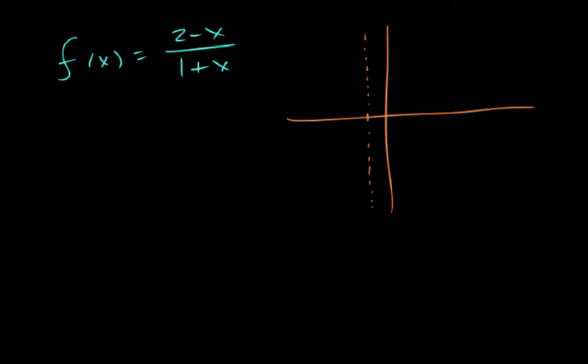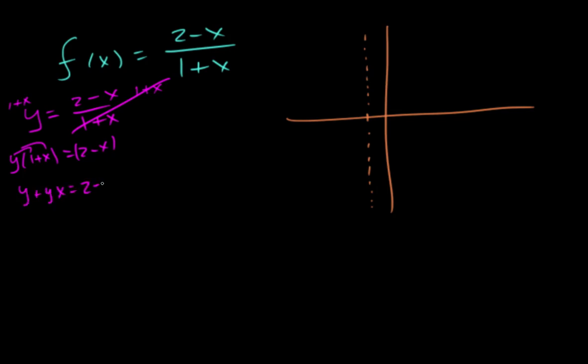If we want to find the horizontal asymptote, we can quickly go through the algebra on that. So I'm going to multiply both sides by 1 plus x. So we have y times (1 + x) equals 2 - x. Distribute the y. We want both the x's on the same side, so I'm going to add x, and also subtract y.